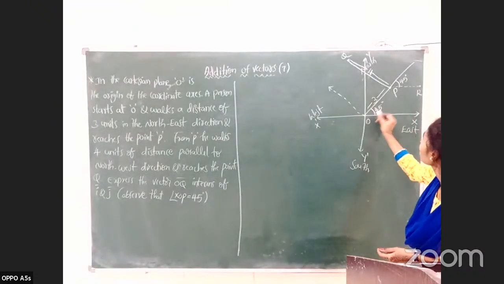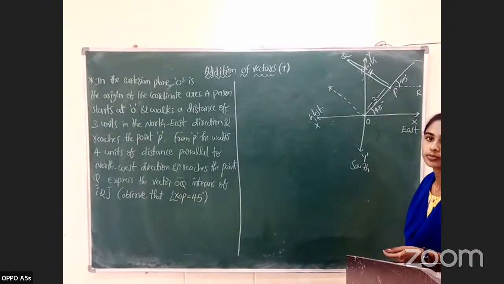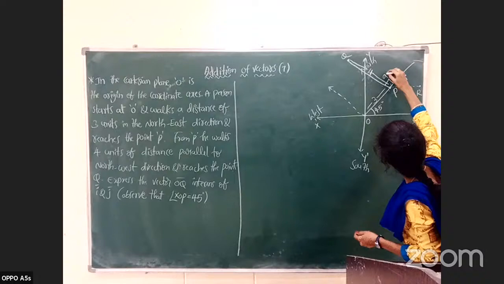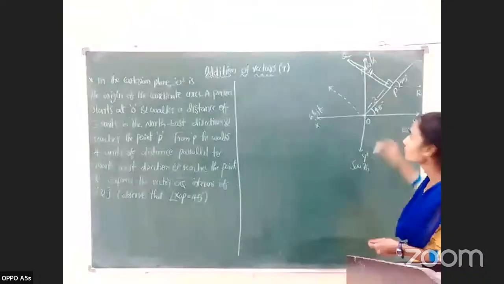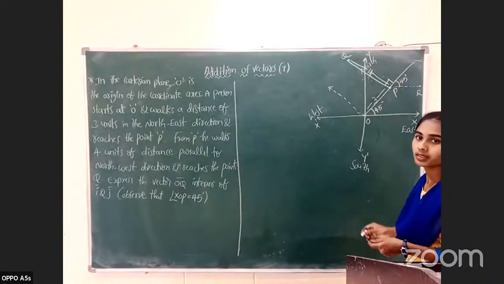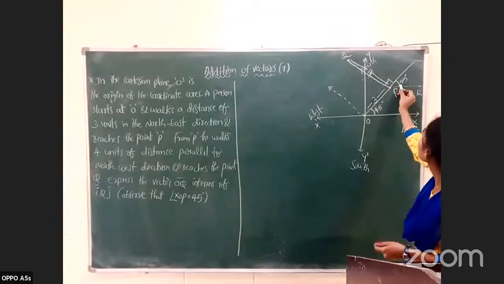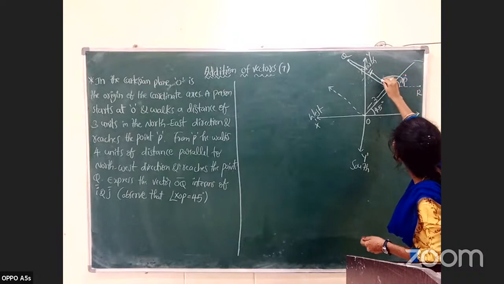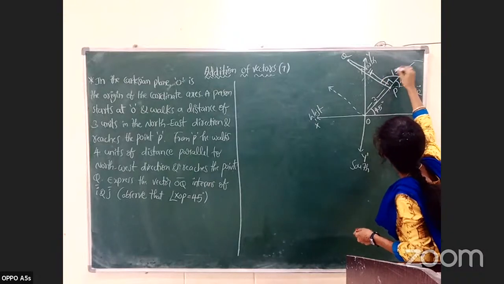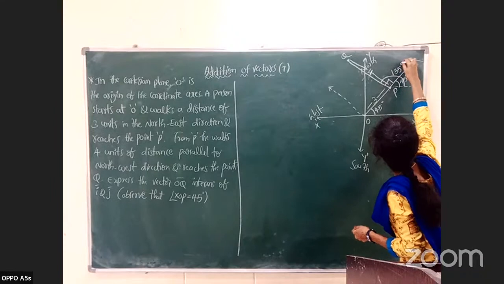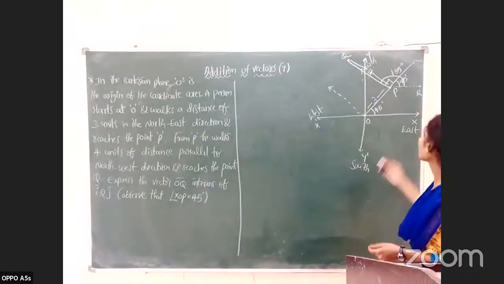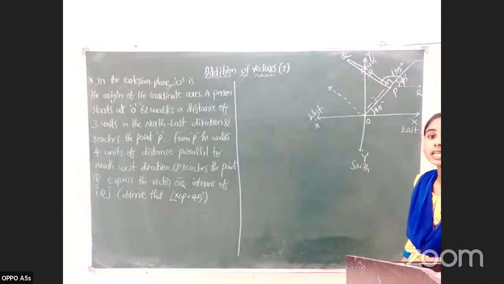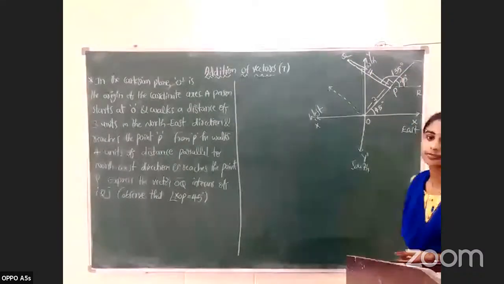If this angle is 45, then this is also 45, and here also 45. And this is perpendicular, means this is 90 degrees. Then 90 plus 45, that means this whole angle becomes what? 135 degrees. That means the angle RPQ is nothing but 135 degrees.